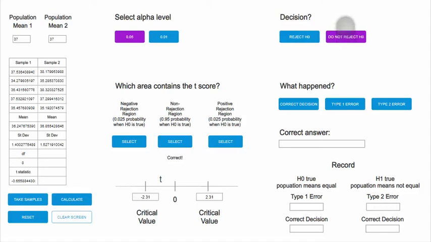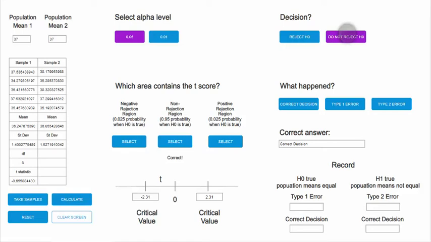And when you make a decision here, it actually reveals the two population means. This won't happen in an actual research study, but this is what it does in my simulation. And it looks like the two population means are equal, which means down here, we made a correct decision. We retained the possibility that the population means are equal.